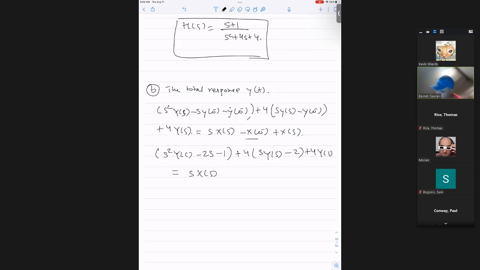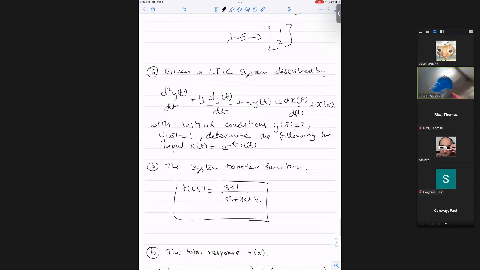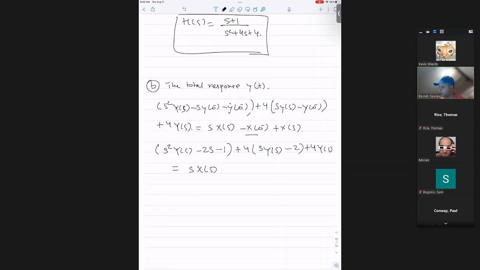This is, I think, 0. Yeah, it's nothing. It's this plus x(s). The initial condition for it is not given.